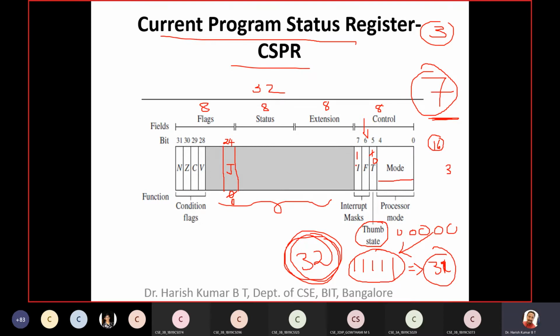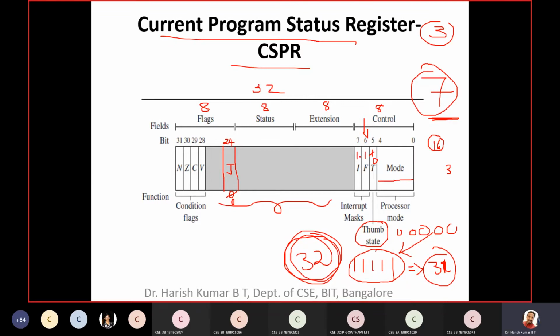If this 7th bit is set, your processor is going to ignore all the slow interrupts. If I want my microprocessor to ignore the fast interrupts also, set this fast interrupt flag, make it as 1. Now the processor will ignore the fast interrupts also.